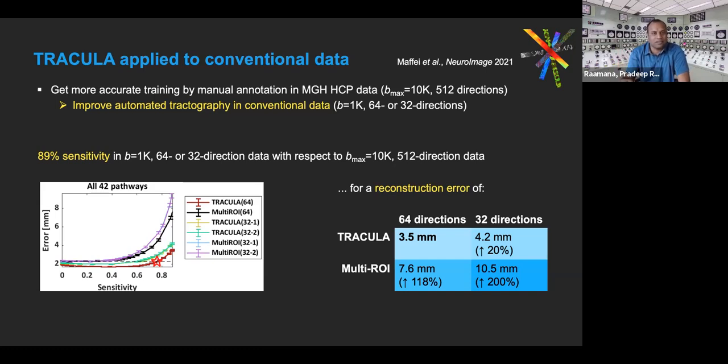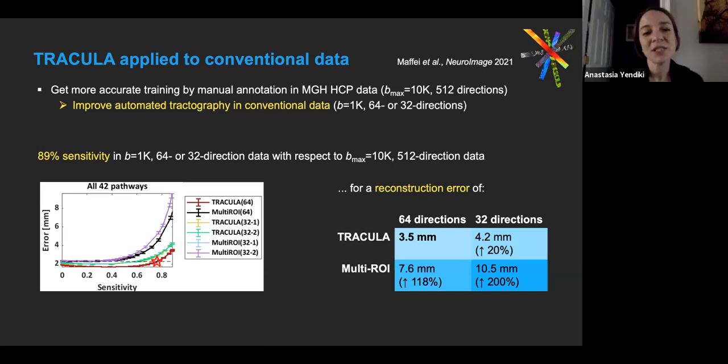Yeah, so the dice coefficient would be another way to quantify this, but there would still be a trade-off with all these methods as you increase or decrease the threshold of the tractography. So you can't really capture this trade-off with just one measure.